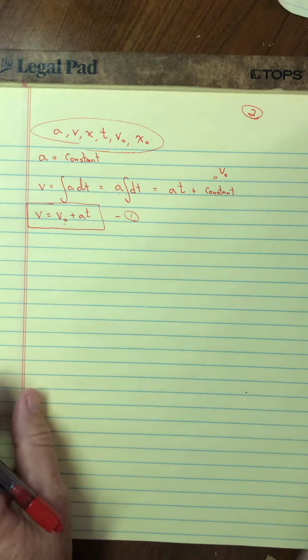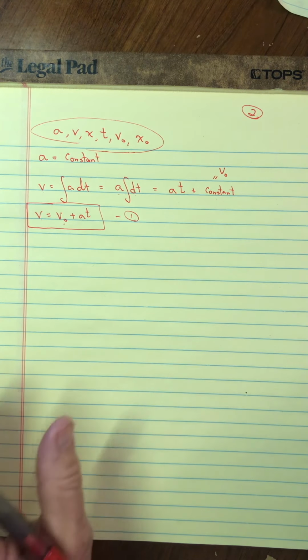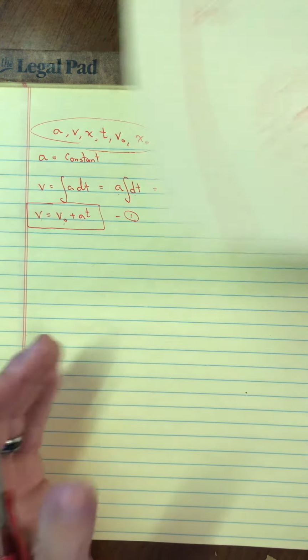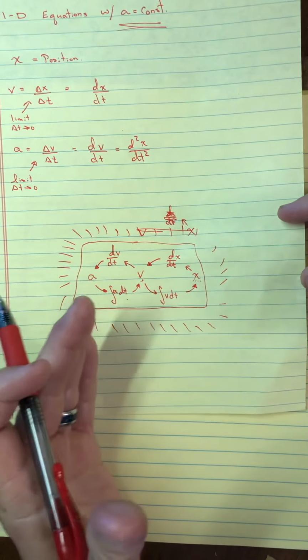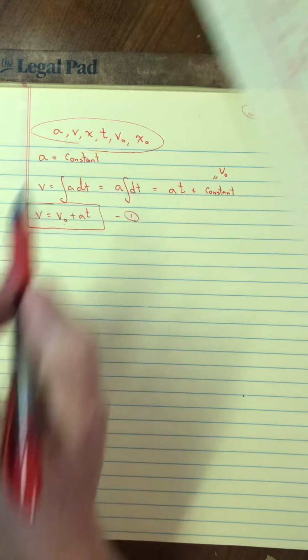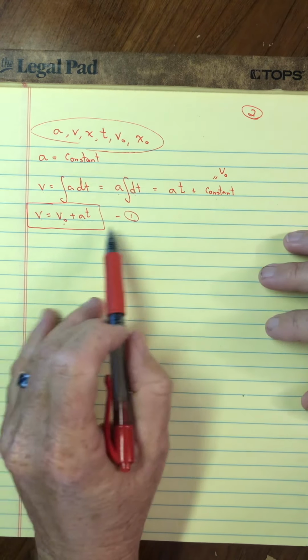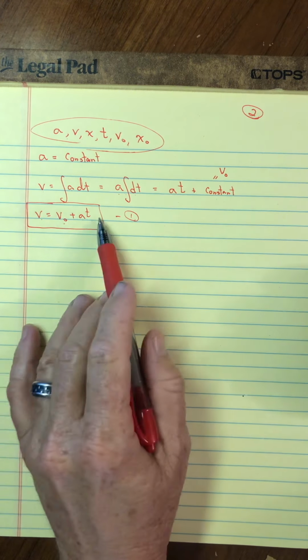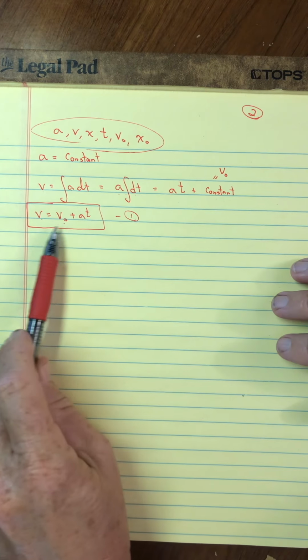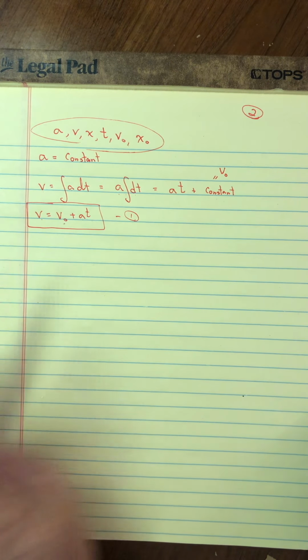Well, I'd like to call them 6 variables, and this is our parameters, and so our 4 parameters are connected with our 6 variables. Like I said, this is the first one, and it connects 4 of them together. And so if you're given 3, you can find the 4th one.